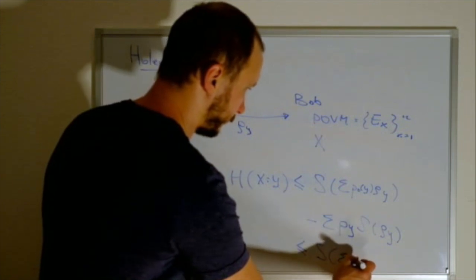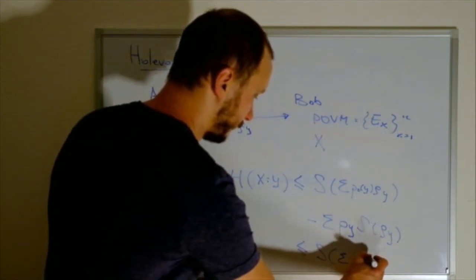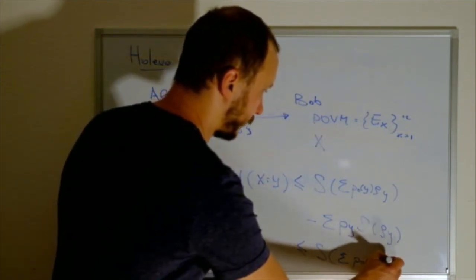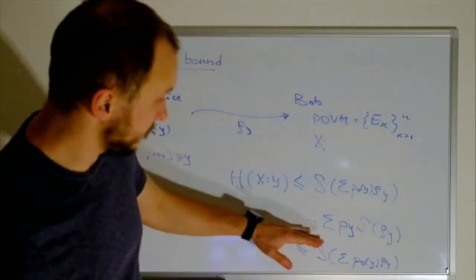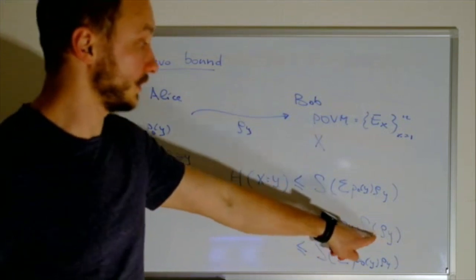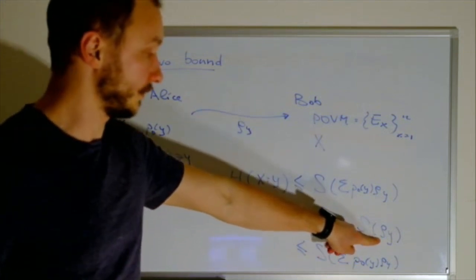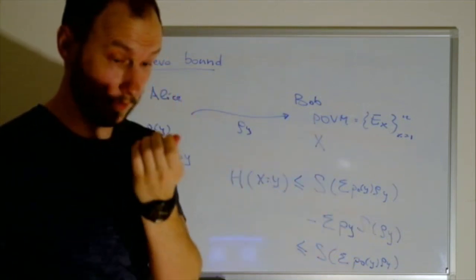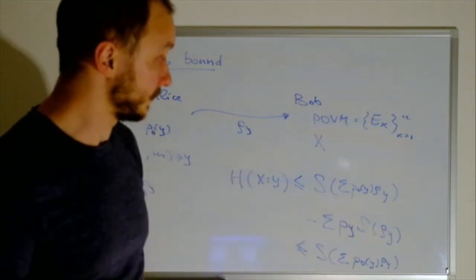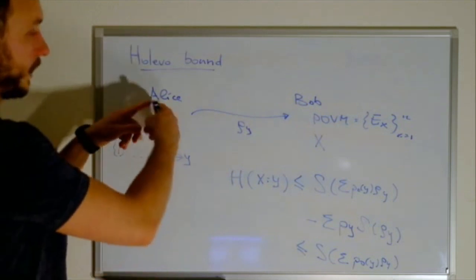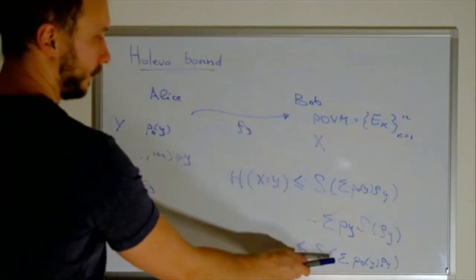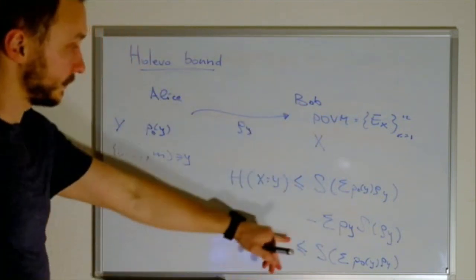This term is P0 y times the entropy of rho y, and in fact this thing is 0. If Alice always sends pure states, then this entropy is 0. So in the scenario where Alice only sends pure states to Bob, this bound is also tight, so there is a scenario which achieves it.